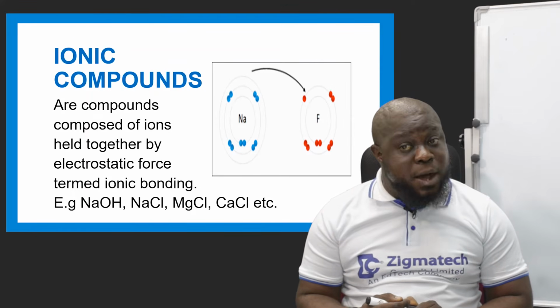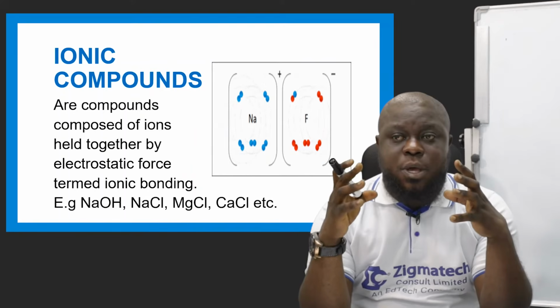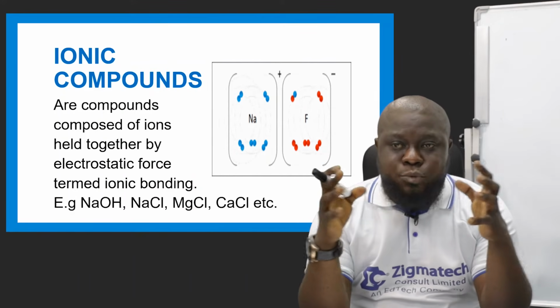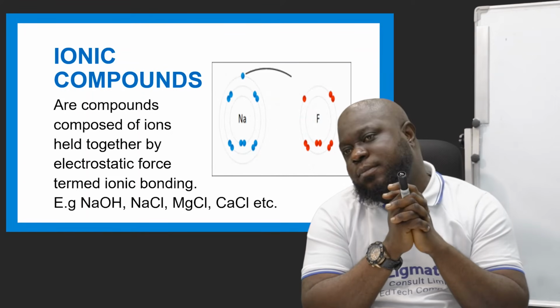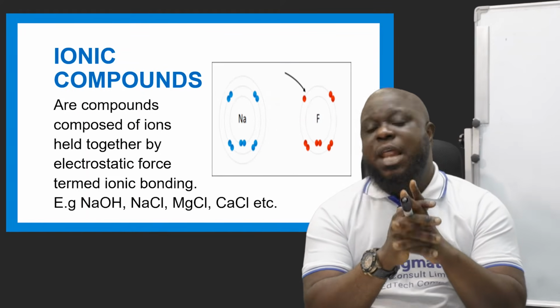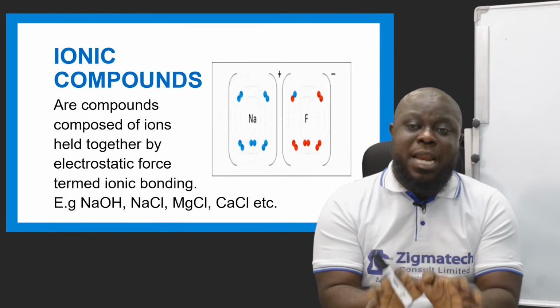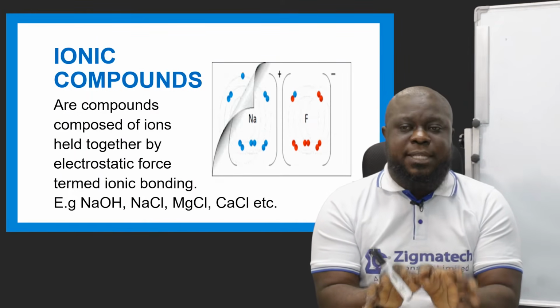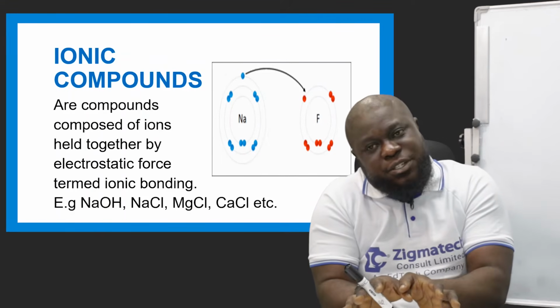Remember, for ionic compounds, the force that brings them together to form a bond is called electrostatic force. Electrostatic force is a force that exists between ions. In essence, it exists between the positively charged and the negatively charged.